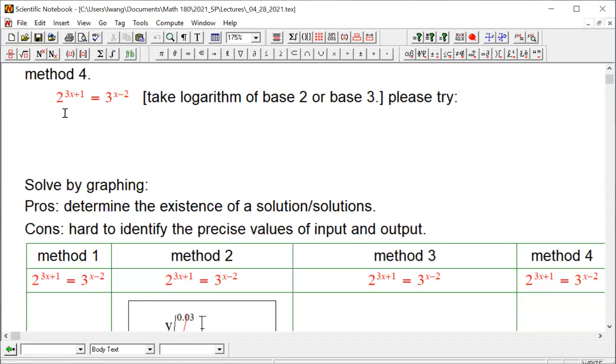So where are you? Method 4, we're using the definition, right? When you're using the definition, there are two ways to see this.